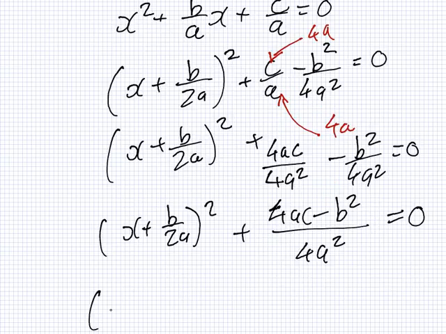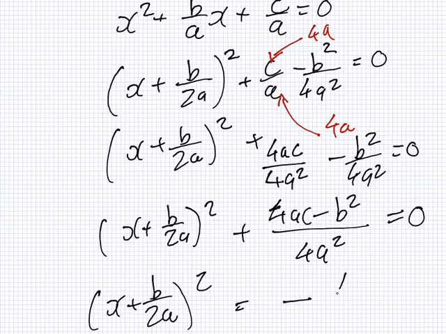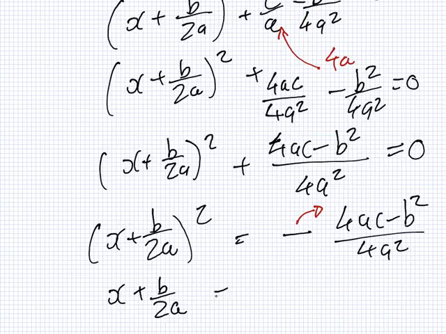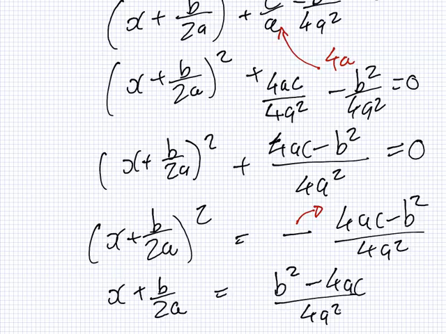So I have now (x plus b over 2a) squared equals minus (4ac minus b squared) over 4a squared. Next, I'll put the minus in. So when I put the minus in, it changes the signs. So I get (x plus b over 2a) squared equals b squared minus 4ac over 4a squared.